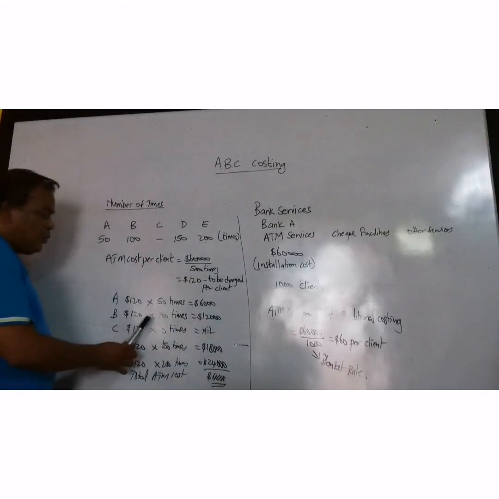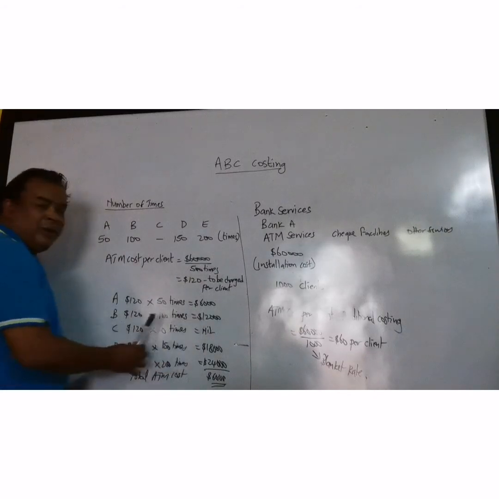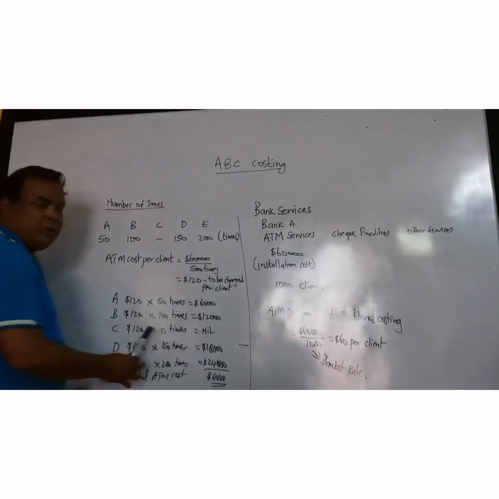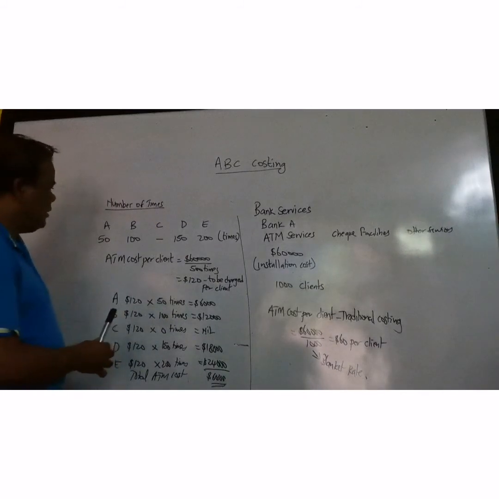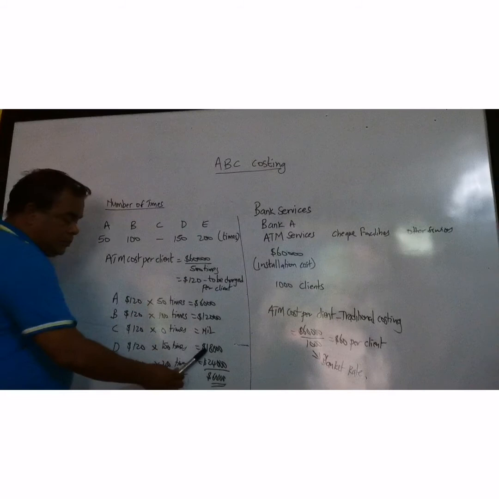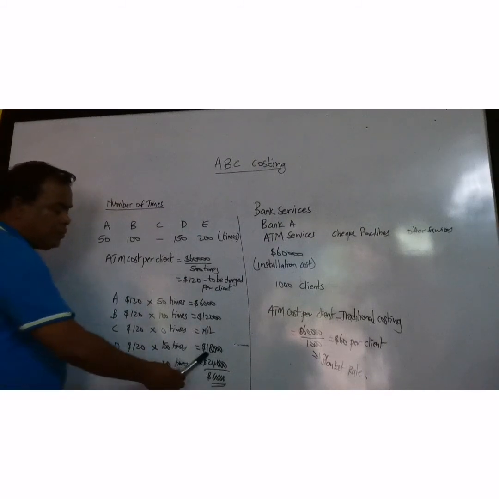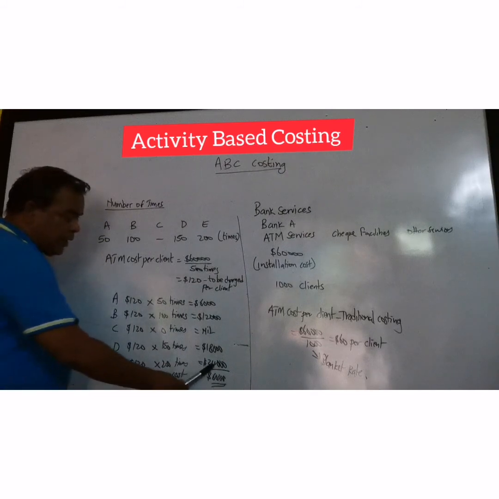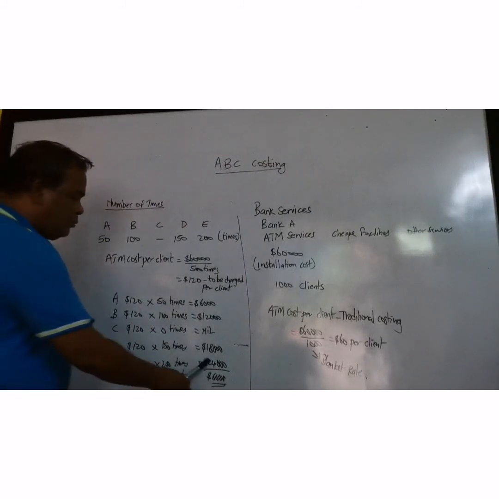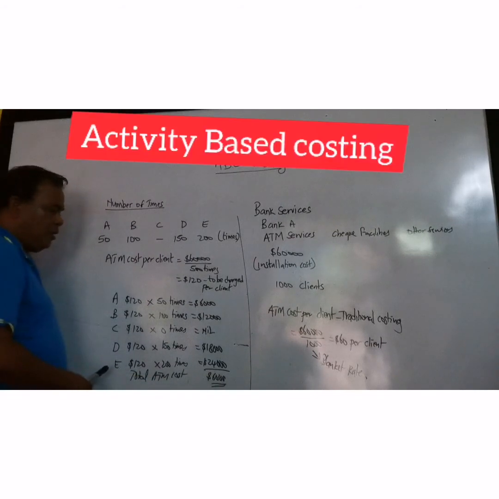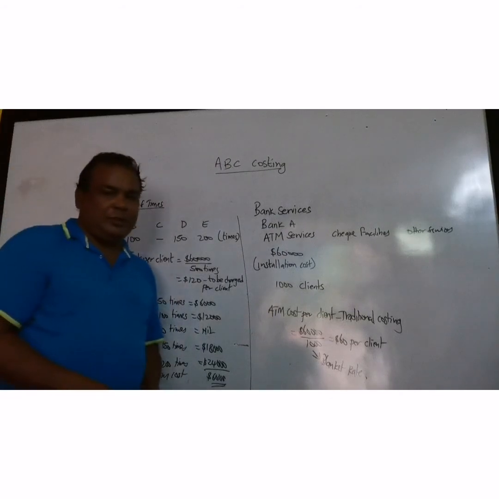B is using 100 times, he will have to pay $12,000. C is not using, so no charge will be in the account of C. D is using 150 times, so he will have to pay $18,000. E is using 200 times, therefore he will be charged $24,000. In total, the cost of the ATM is $60,000. This will reflect the accurate cost of the client.